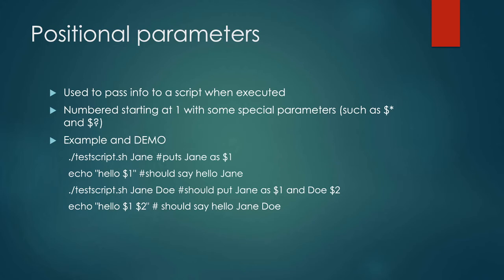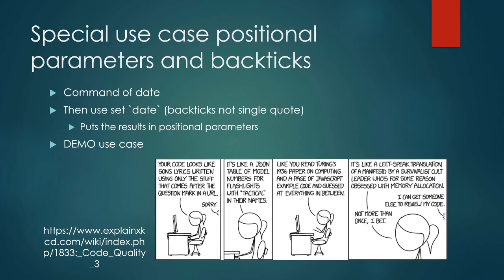If you want to see everything in temporary variables, you would do $@. So in the second example, if I did ./testscript.sh space Jane space Doe, Jane would be in the $1 space and Doe would be in the $2 space. If I echo out $1, that should say Jane, and if I echo out $2, that should say Doe. So that is another way that we can send information to a script if we don't want to deal with reading the information within the script.